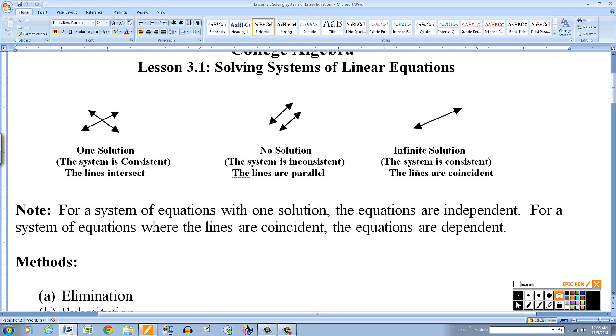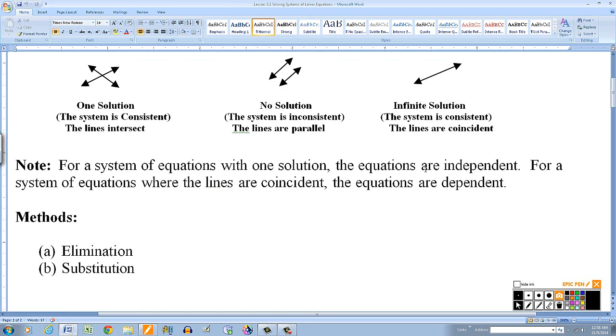Now, normally in our course, we give about 4 or 5 different methods for solving basically the same problem. Elimination and substitution are just two of the methods that we have. We have some methods involving matrices, determinants, and a few others.